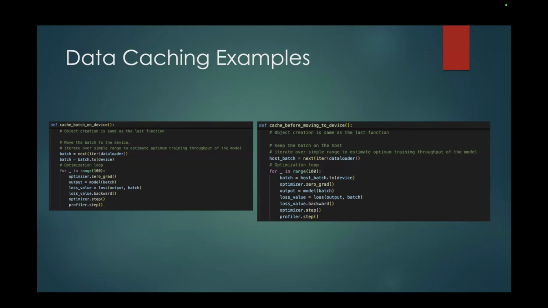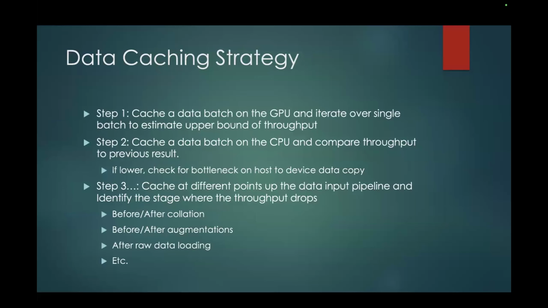Now, what does this activity actually do? It basically disables the entire input data pipeline, right? In each training step, we are just running the GPU compute graph. And that gives us an upper bound on what the capacity for our model throughput is.